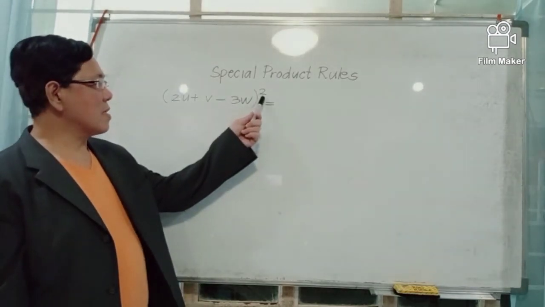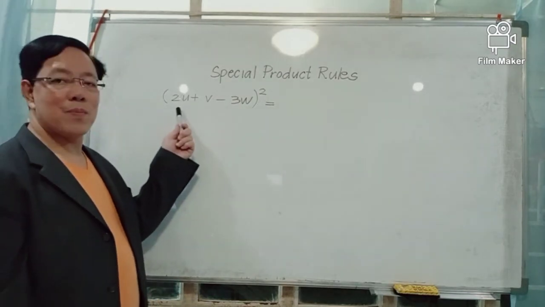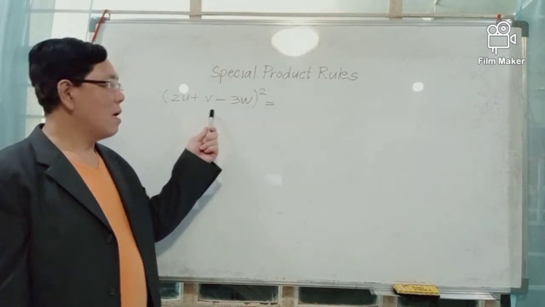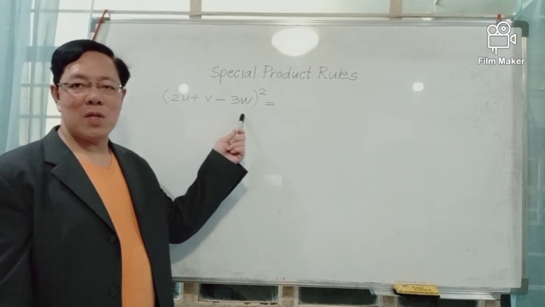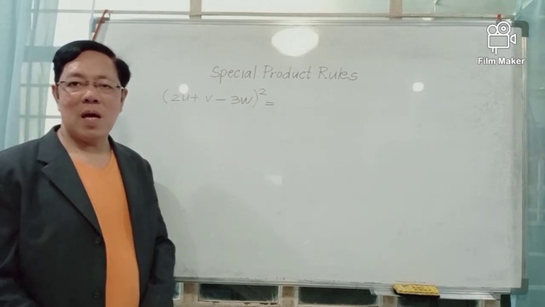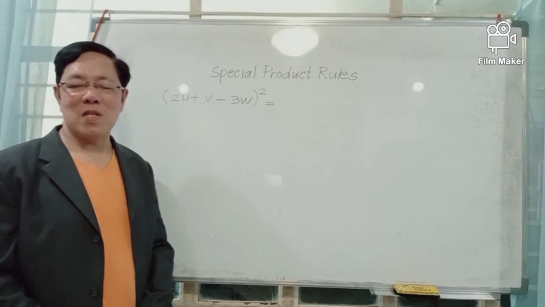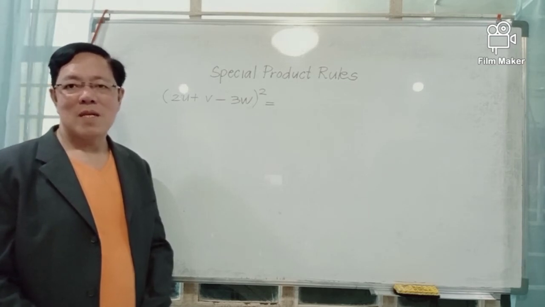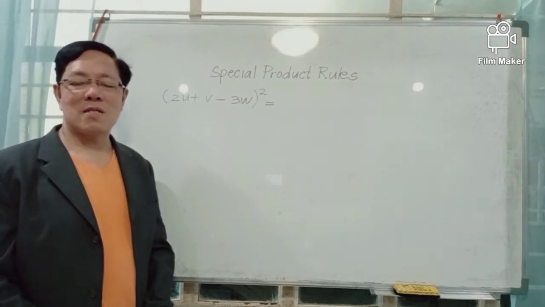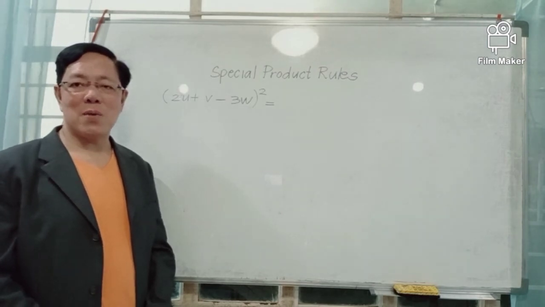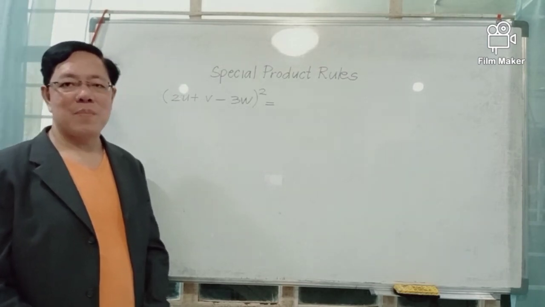If you rewrite this as the square of the difference of 2u plus v and 3w, then you will apply first the third special product rule for the square of a difference, and then you will apply the second special product rule for the square of a sum.